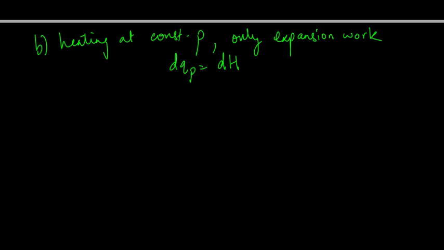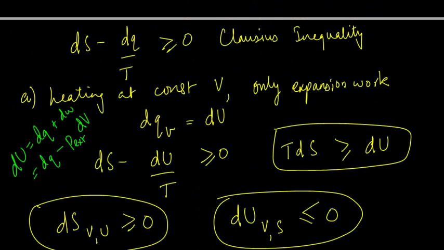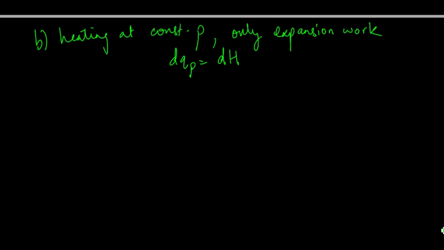And if I substitute dH over there instead of dQp, what I'll get is TdS greater than or equal to dH.